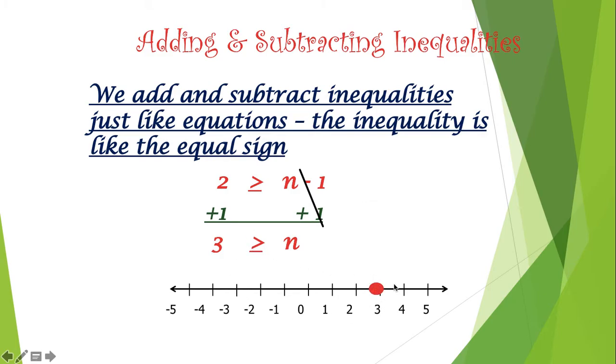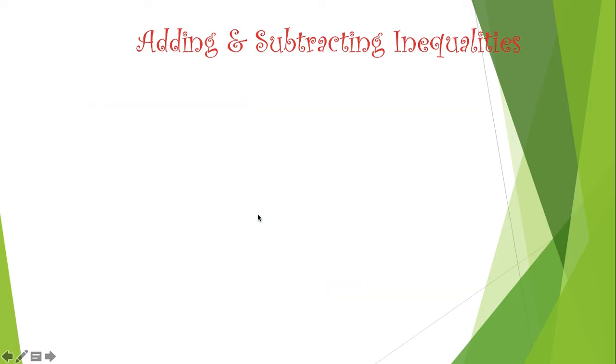So it says less than or equal to, that means 3 is included and it will move towards the left side. Because we need to switch the places, and when we are switching it, because we need the variable first, we need to flip the inequality sign as well.